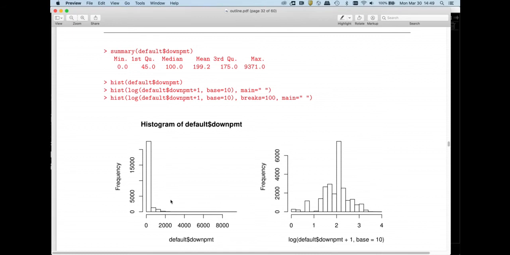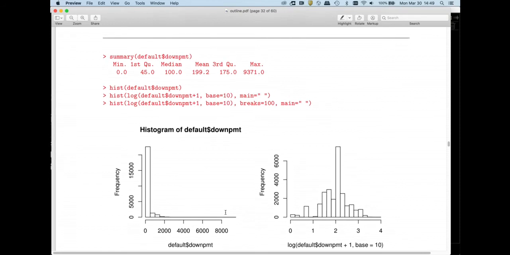Notice that the vast majority of our cases are squeezed into one bar. So here we see exactly what I was talking about earlier with outliers dominating a graph. So a way that makes sense in this case is to, for example, take logs.